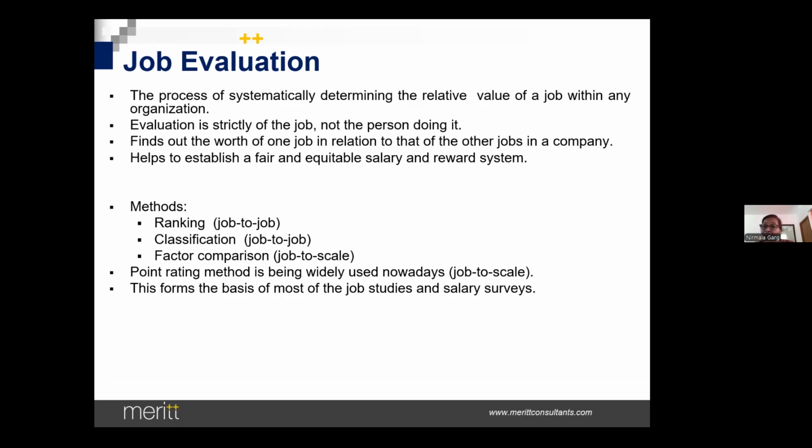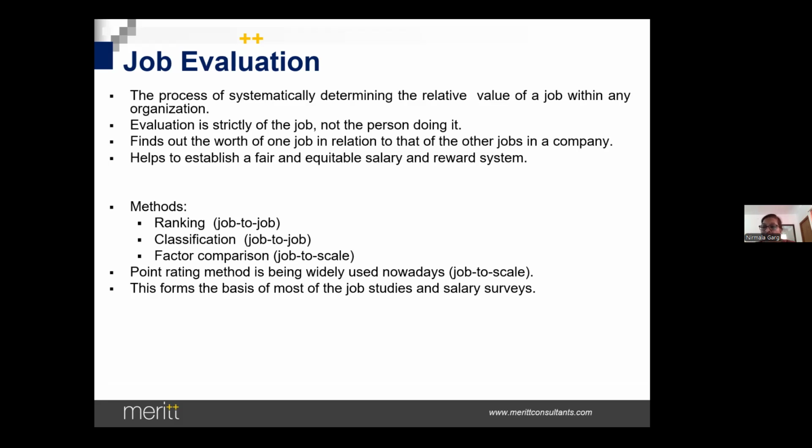So first of all, what do I need to do? I have to find out, hey, put them into a hierarchy saying which job is of higher worth, which job is of lower worth. Because once I know which is of higher worth, then I know that job has to be paid higher. Is that clear? I'm trying to put it in a simplistic way so that you can really understand.